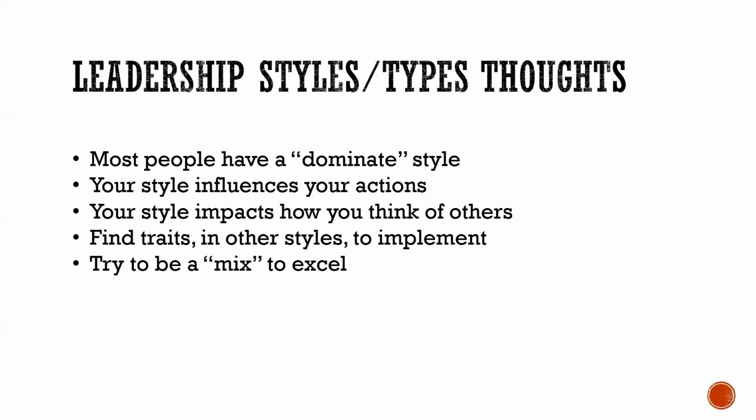Other traits have strengths that might actually help me be better. If you are a results leader, maybe picking up a little warm fuzzy wouldn't be bad, to help the team feel a little more valued. If you're a social leader, maybe every now and then putting a little process in place to help the organization run smoother would not be bad. So try to find some traits in other styles to implement that will help your organization or help you succeed in whatever you're trying to accomplish.